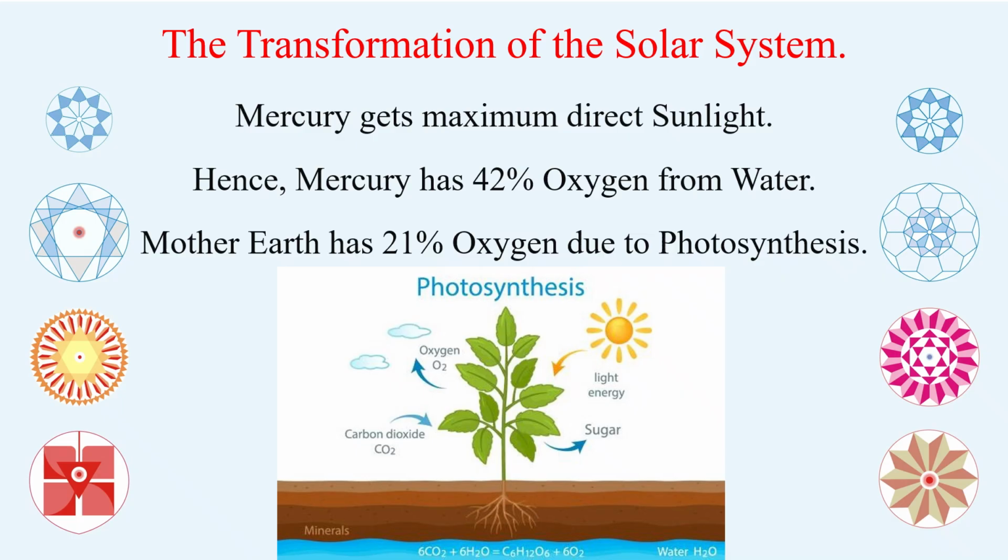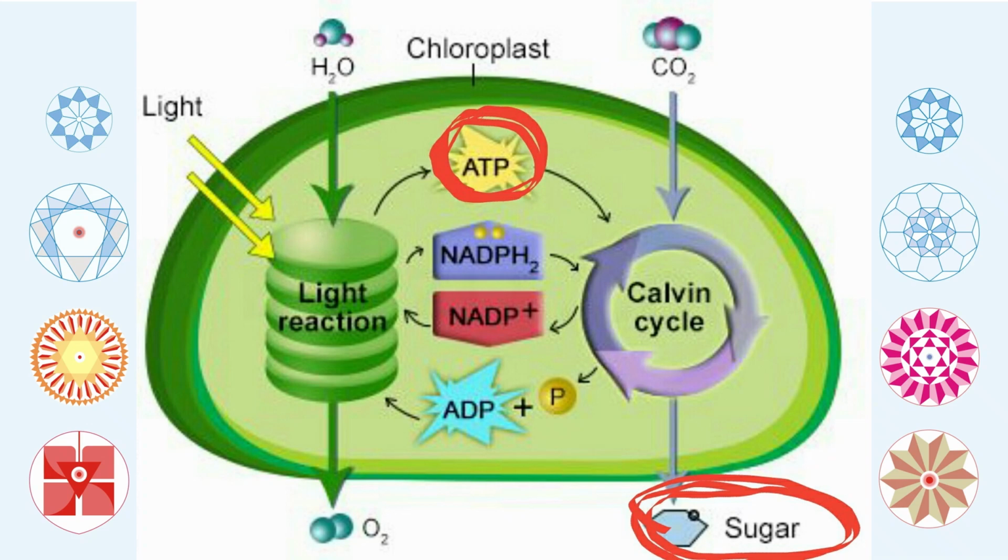But here there is water, there is carbon dioxide, there is sunlight, and there are plants which put together produce carbohydrate as well as oxygen in the process. And this is the picture you have showing it. This is on the earth. Water is converted with the light into oxygen, but that is not the case in Mercury. This is on earth.